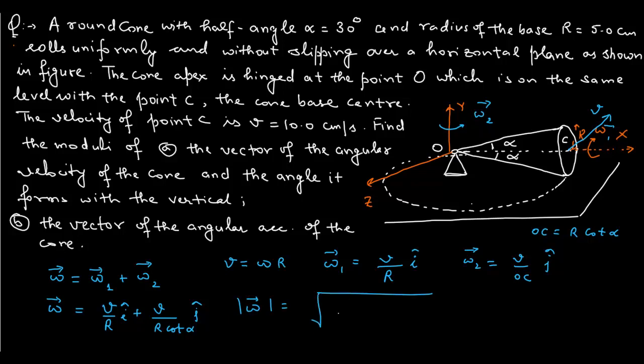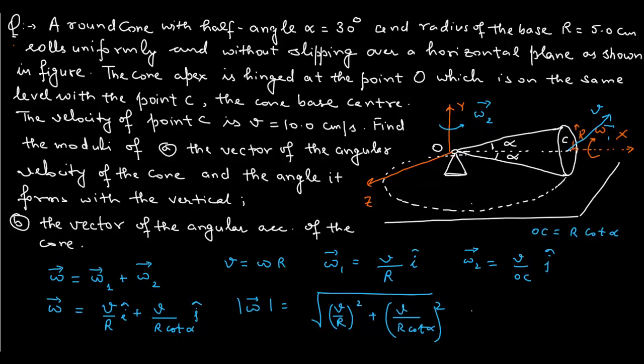So the modulus is equal to under root of (v by r) whole square plus (v by r cot alpha) whole square, because both these angular velocity components are perpendicular to each other.